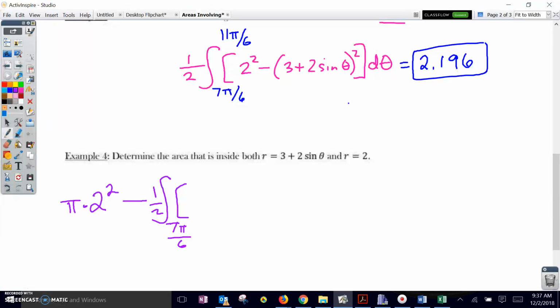That'll be much better. We're going to take the area of the small circle minus the area of the region that we just found. And that's going to give us our area for the region in question here.